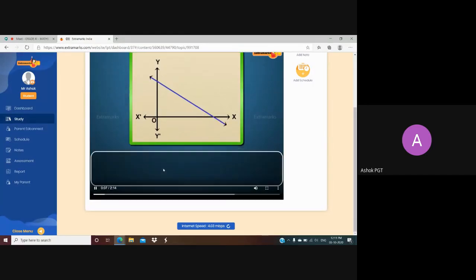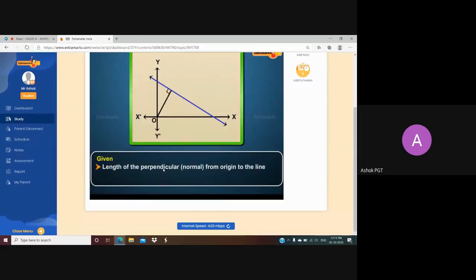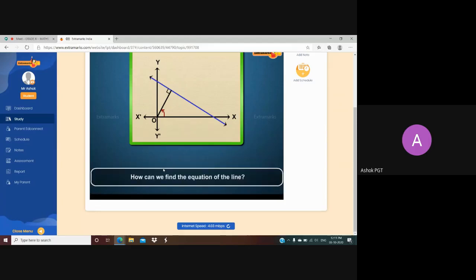First, length of the perpendicular or normal from origin to the line is given. And secondly, angle which the normal makes with the positive direction of x-axis is given. Then, how can we find the equation of the line?